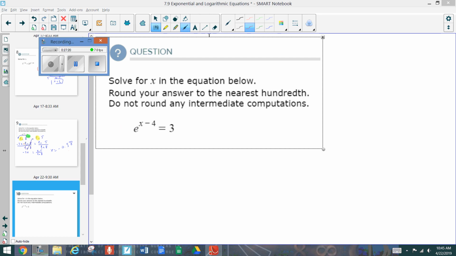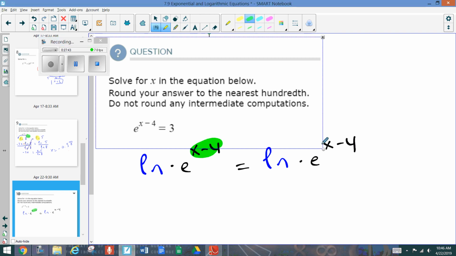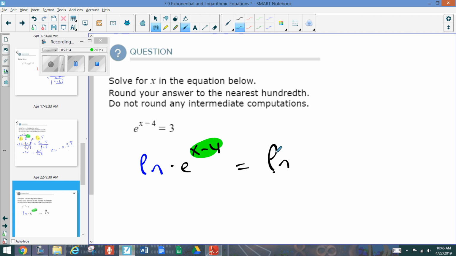Question. Exponent goes to the front. We're putting ln to both hand sides. Let's do the color code, right?